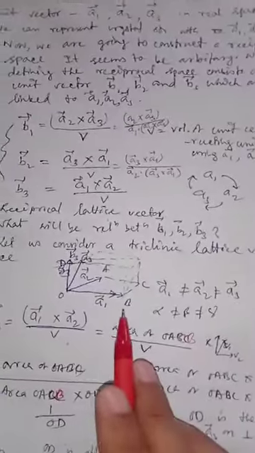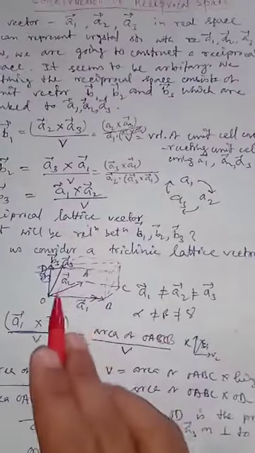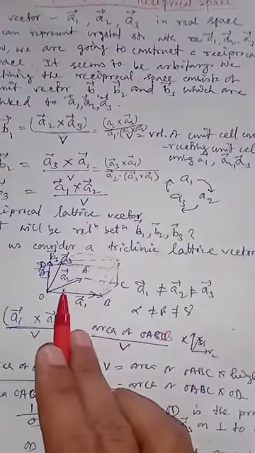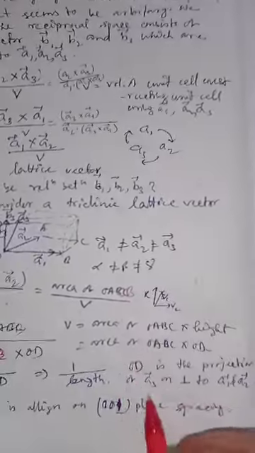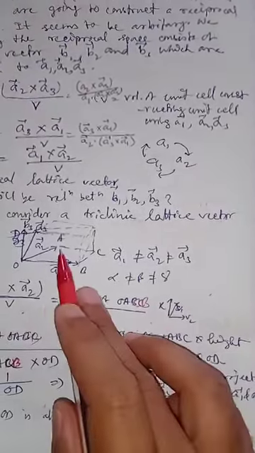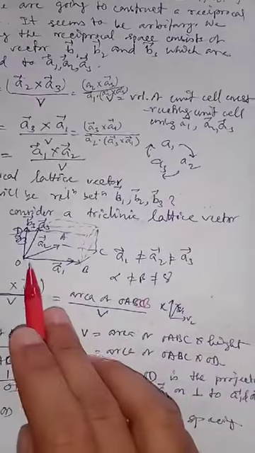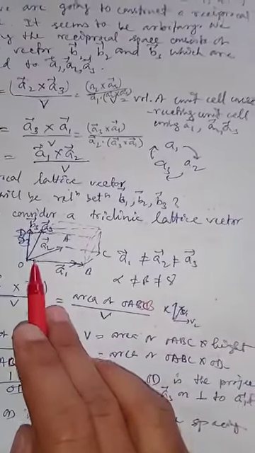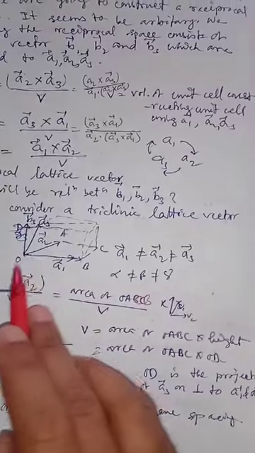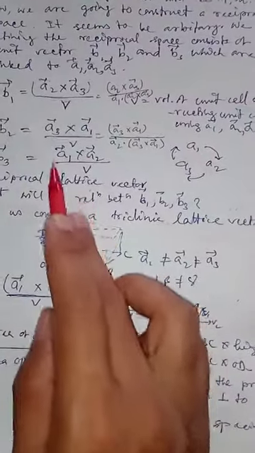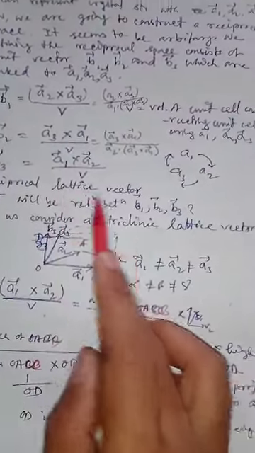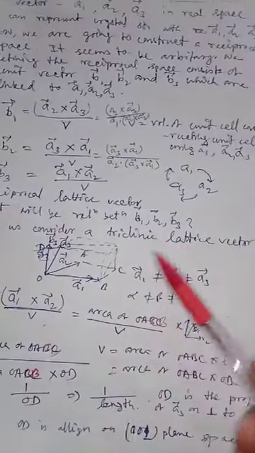Okay, that is the direction. Now if I consider the volume, then volume equals the area of this OACB into height. Height is the OD. And B3 vector, you know that this is a cross product of vectors divided by some scalar quantity. Volume is a scalar quantity.